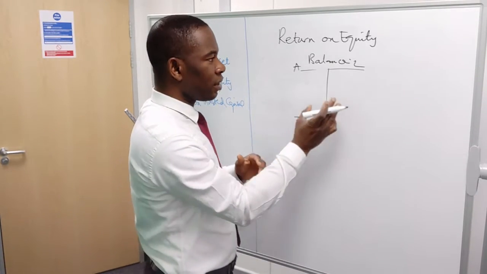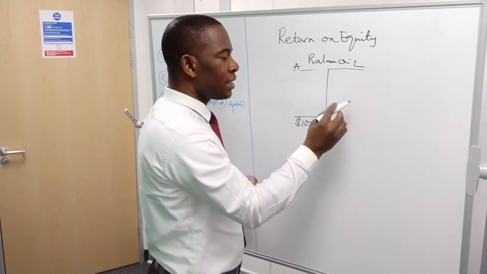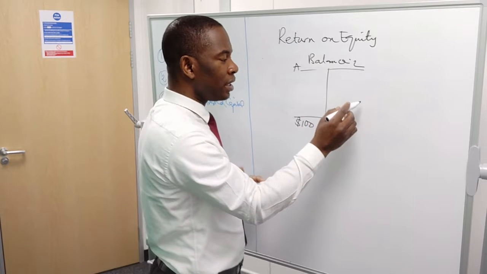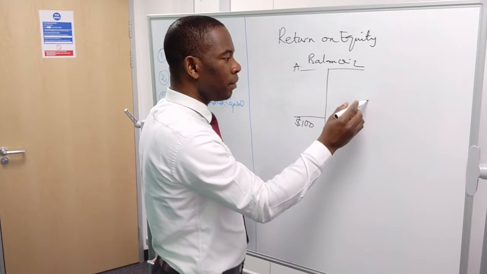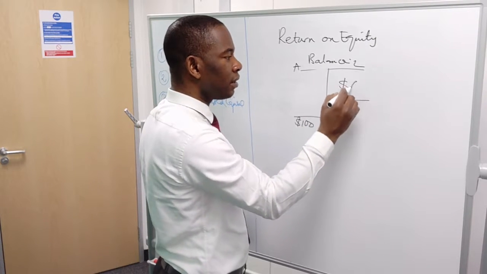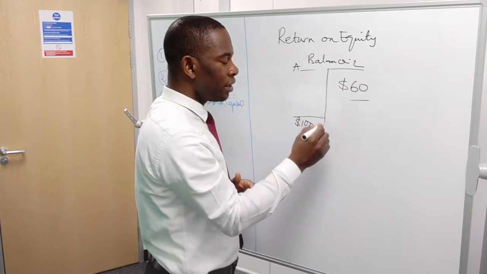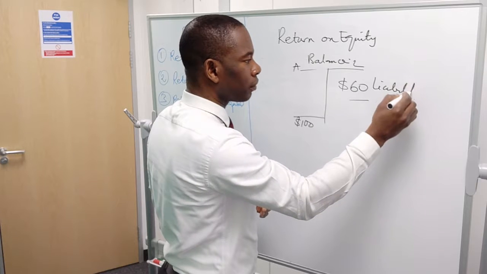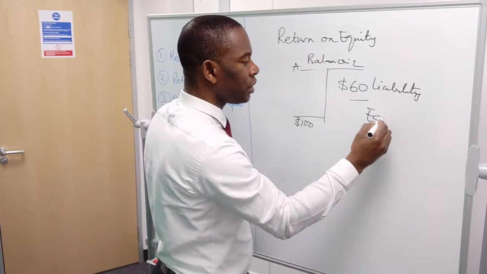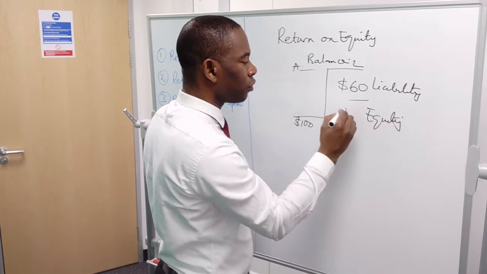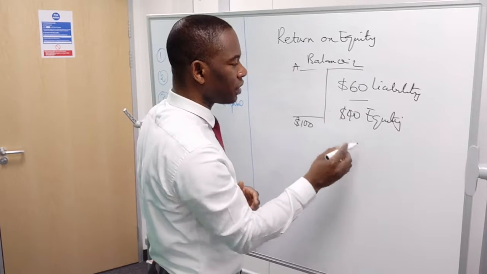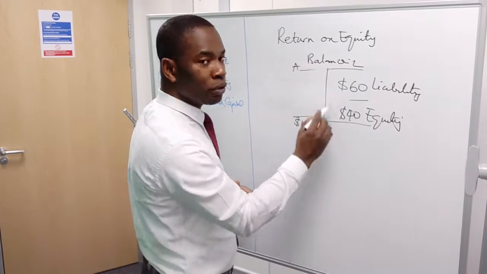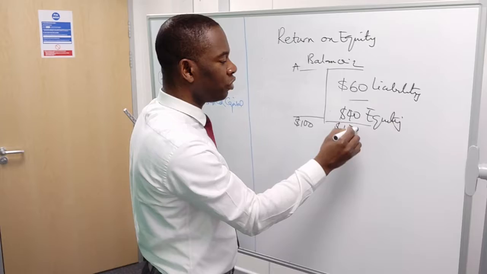Remember, the asset balances liability. Let's say our liability is maybe $60. It means that equity will be equal to $40, such that if you add both of them together, you have 100.